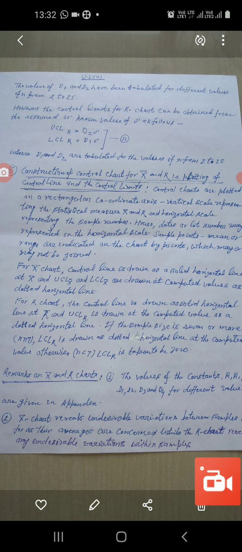Okay, means UCL X bar and LCL X bar are shown by dotted lines, and CL is shown by a dark line.